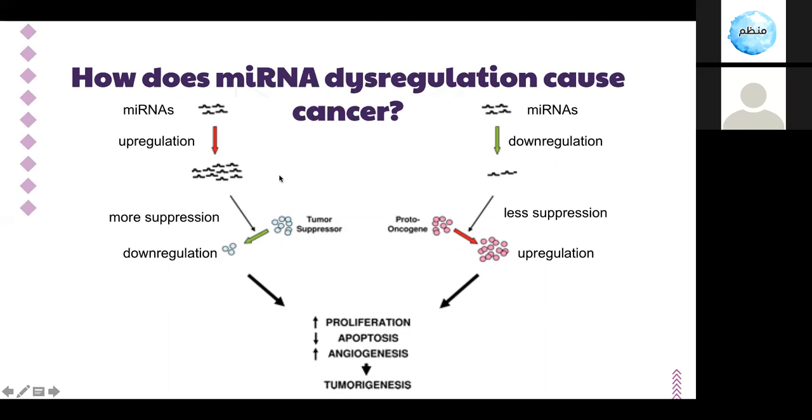The difference here is that we call them tumor suppressors, like soldiers. So if we don't have them, cancer will develop. And we call them here oncogenes, meaning they are causing cancer. So if we have a lot of them, then cancer will develop.